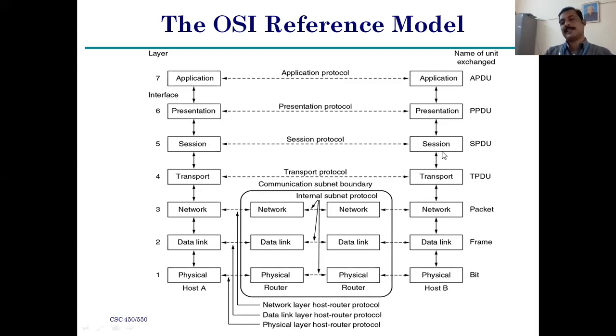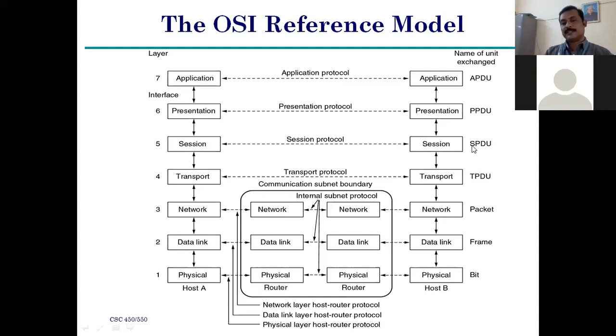So coming to the session layer. In the session layer, there is a session protocol. The session protocol data unit is available from one layer to the next layer. The information is divided into a group of sessions. Each and every session is submitted to the presentation layer, so that the presentation layer presents the information.